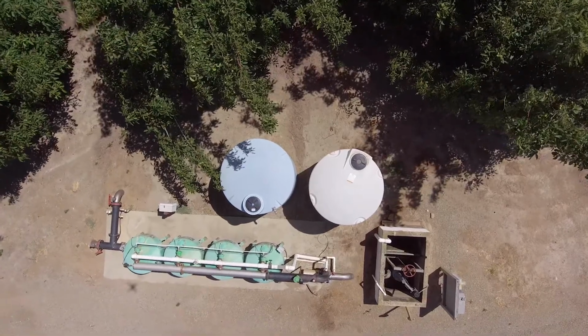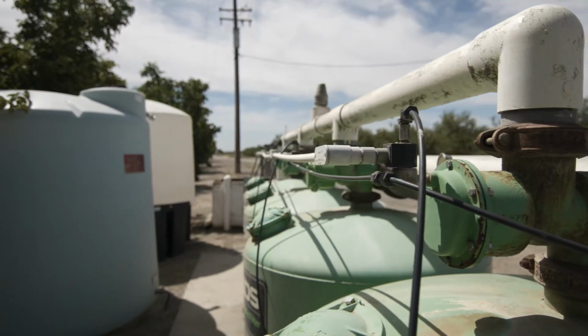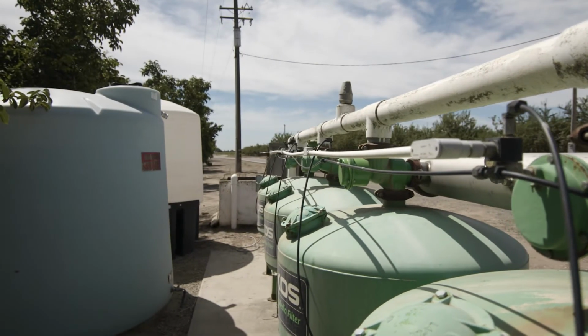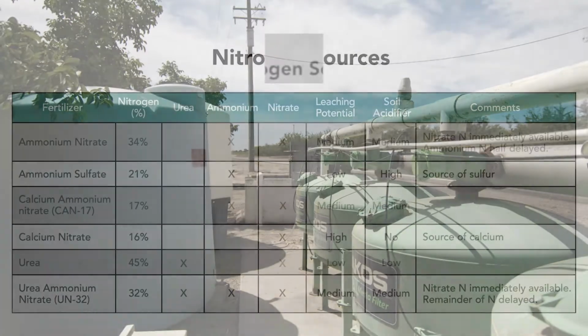When watering with tree-to-tree sprinklers or flood irrigation, broadcast applications can do the job. And speaking of fertigation, always inject the fertilizer at the last half or quarter of an irrigation set, stopping the injection 10 to 15 minutes before the set is finished to ensure the system is adequately flushed.